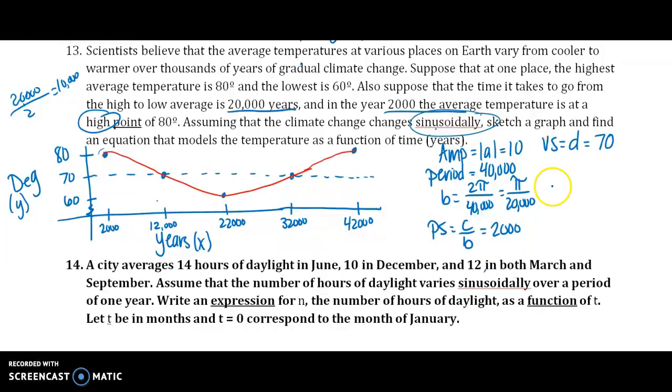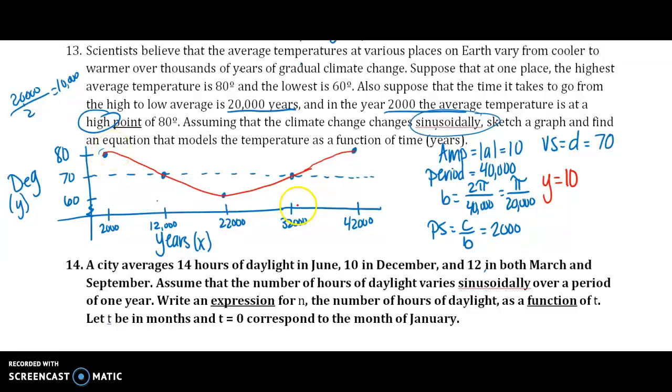So when I put this all together, let me write this so it stands out a little bit more. Our equation would be y equals the amplitude 10. Let me pause. For this one, since again we start at the max, I would suggest using cosine since that's how we decided our phase shift. We saw, oh, it's the max that we're starting with.